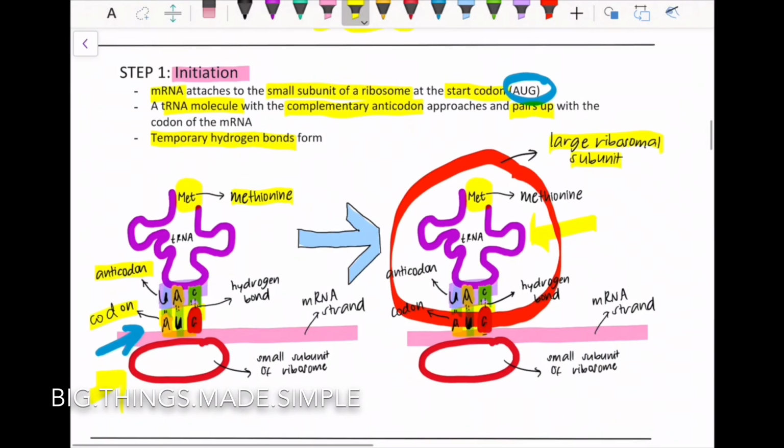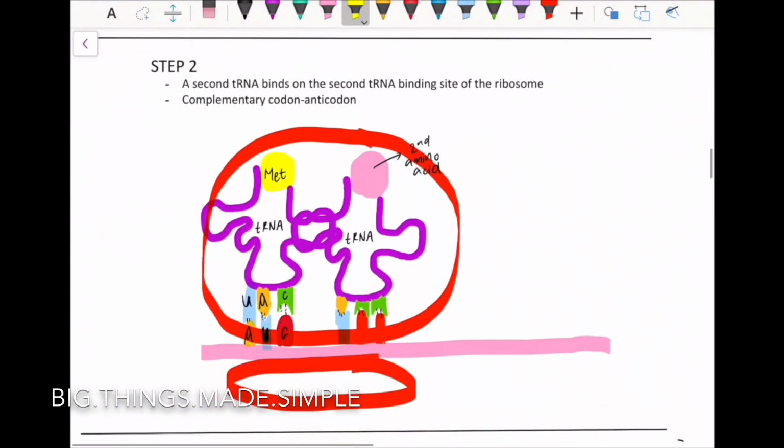Now we can move on to step 2, where a second tRNA molecule can bind, because remember, there are two tRNA binding sites on the larger ribosomal subunit. The second tRNA can bind at its binding site, always according to complementary base pairing.